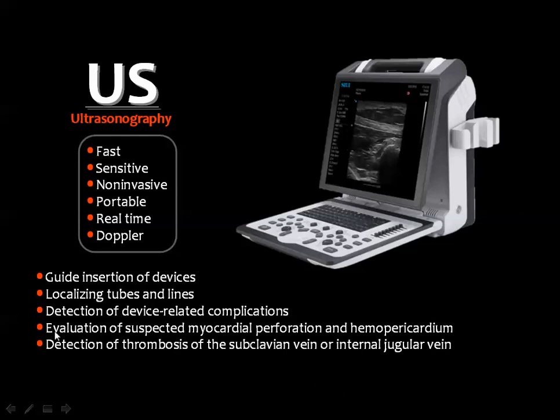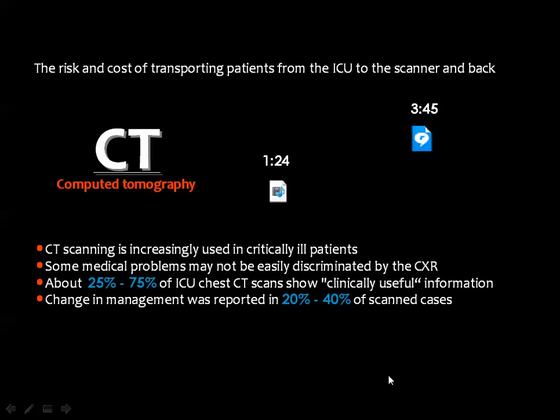Evaluation of myocardial perforation, hemopericardium, and pericardial effusion can be achieved easily by echocardiography and by simple ultrasound. Also detection of thrombosed vessels, especially the subclavian and the internal jugular vein.